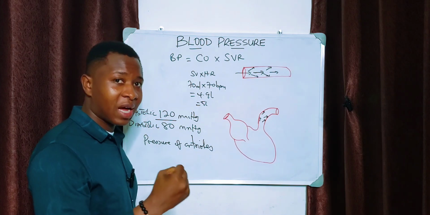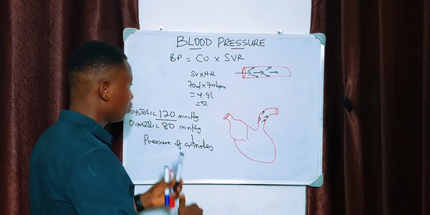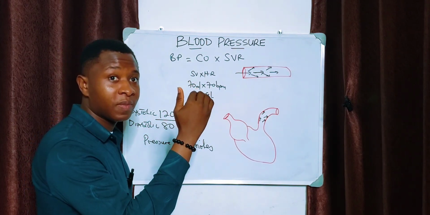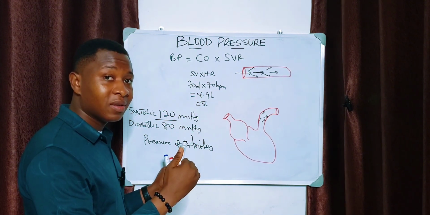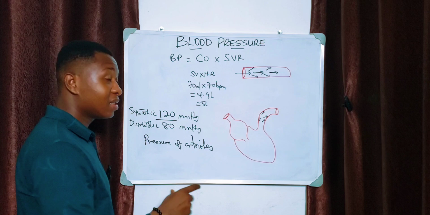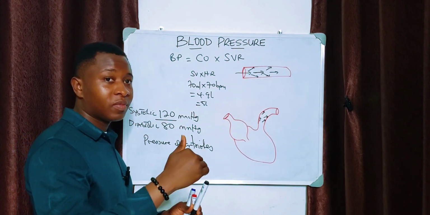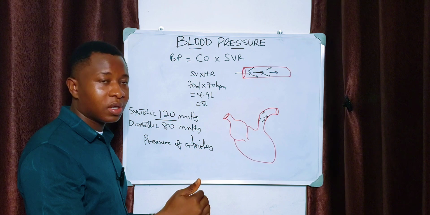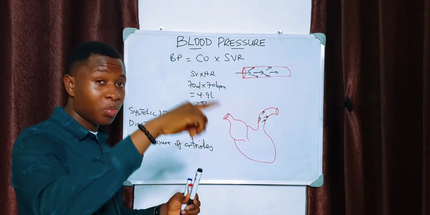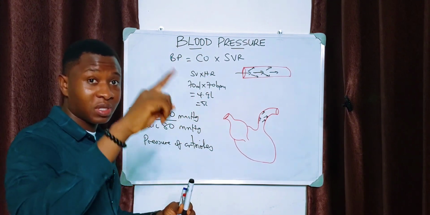So at the beat of the heart, it oscillates to 120. Then when the heart relaxes, it comes to 80. So it has this oscillatory movement, 120, 80, 120, 80.